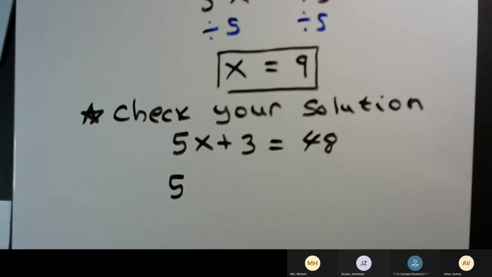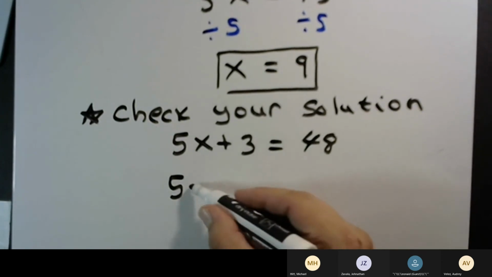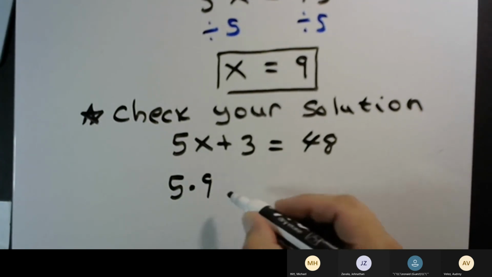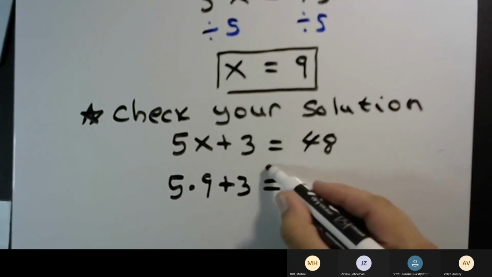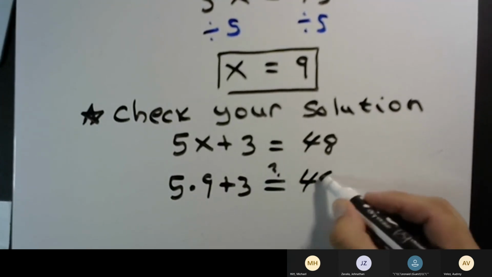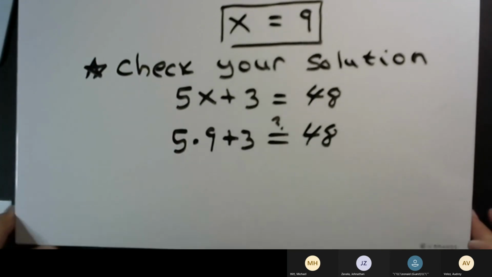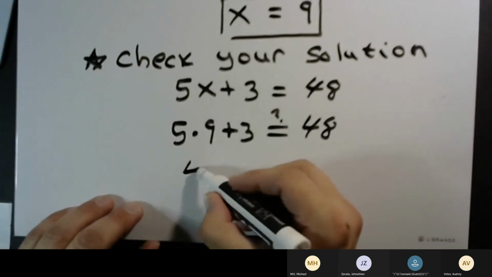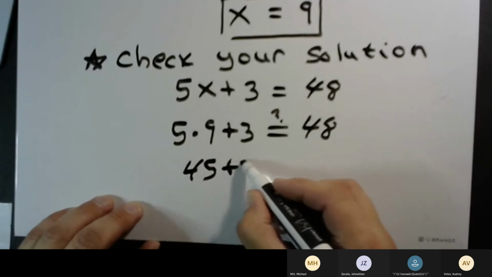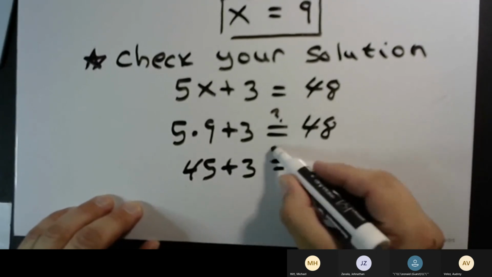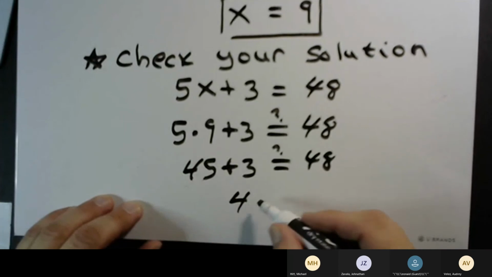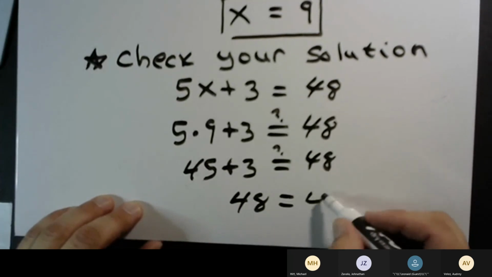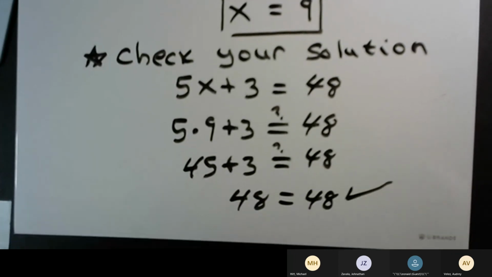So let's replace x with that number 9. Is 5 times 9 plus 3 equal to 48? Or is 45 plus 3 equal to 48? Well, it certainly is. So that tells us we've got the right answer.